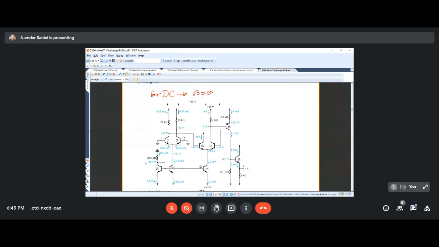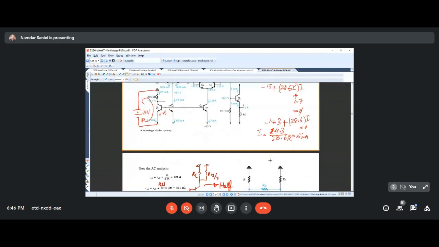We used that and analyzed it to find the emitter and collector current of this transistor Q7, the third stage, and then finally we found the currents and voltages of the last stage. And we did that with zero inputs because we were hoping that we get a zero output, and that should be the case normally. If the design is good, then you get a zero output.